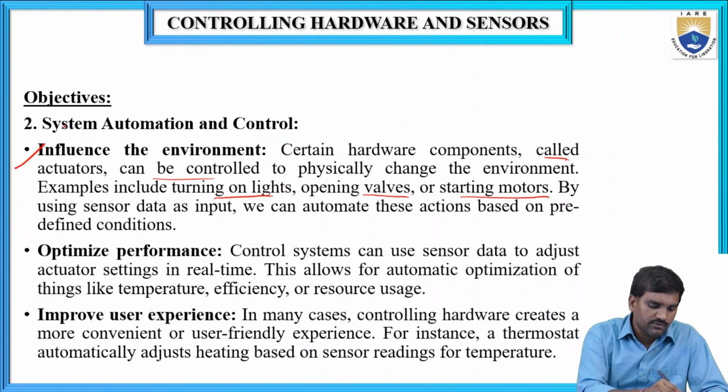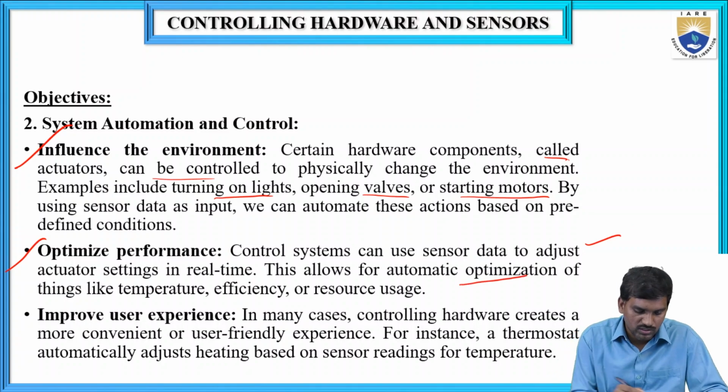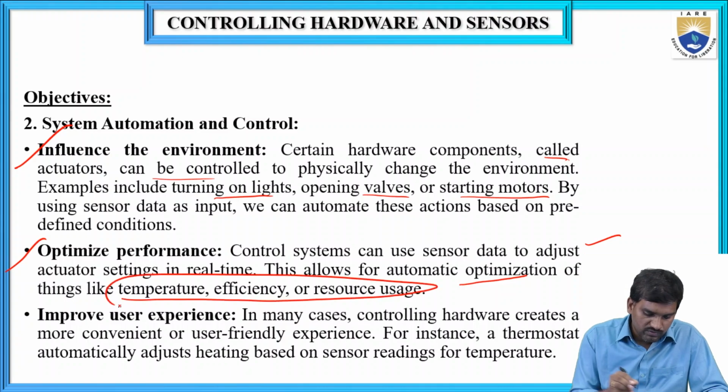Next, optimize performance. Control systems can use sensor data to adjust actuator settings in real time. This allows automatic optimization of things like temperature, efficiency, and resource usage. These are very important input parameters.